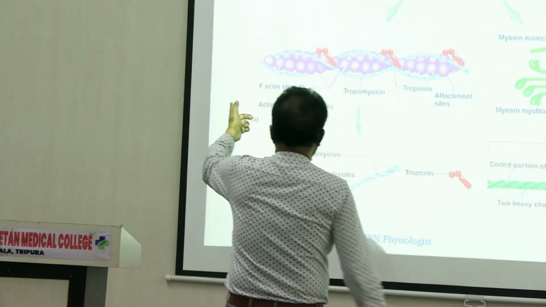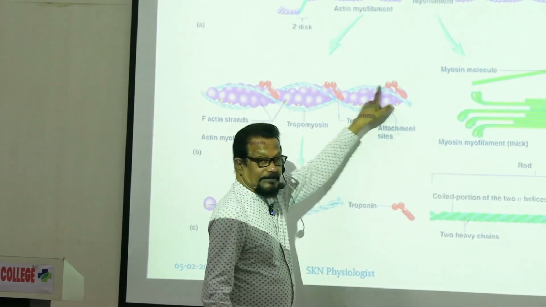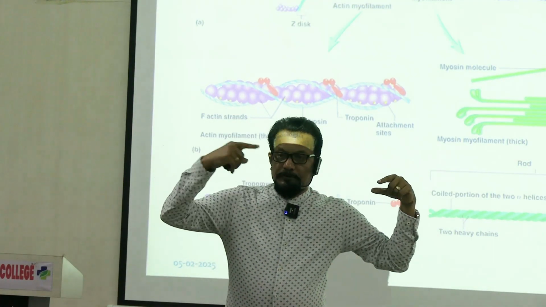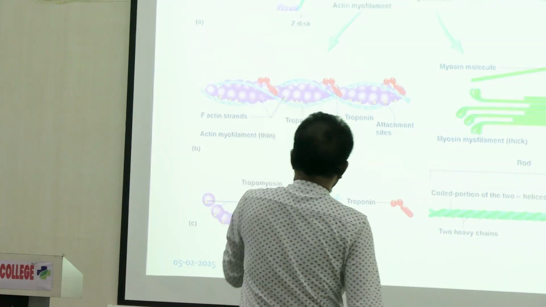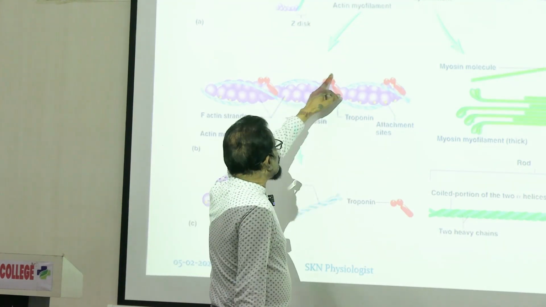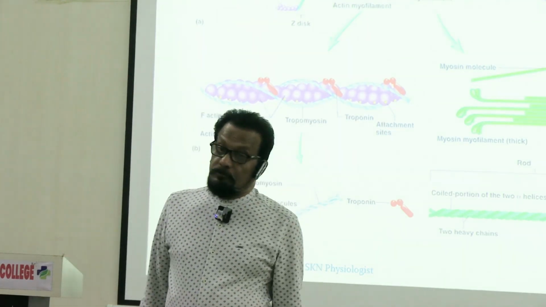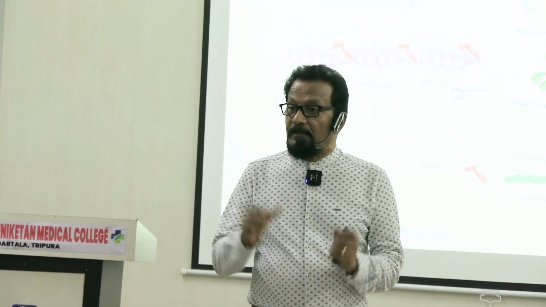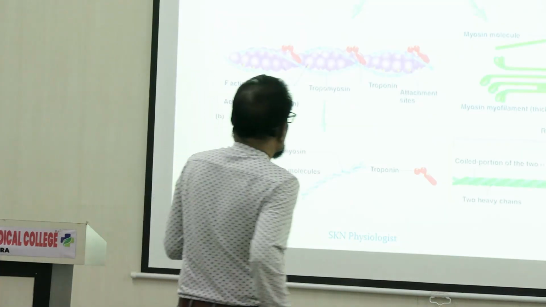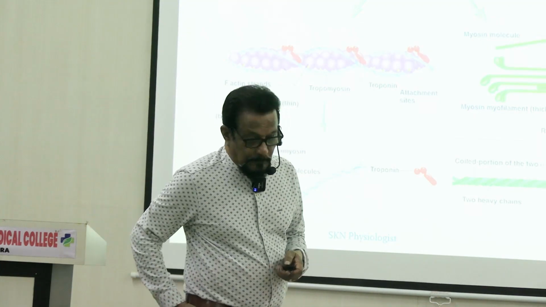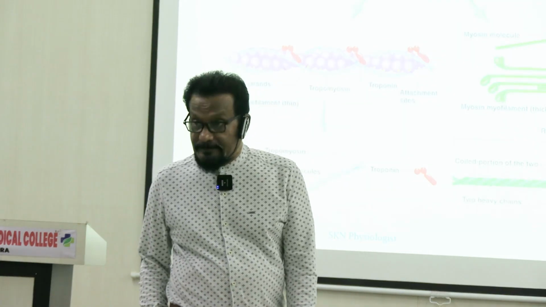And another thread-like structure, this is tropomyosin. They are also spirally arranged over the actin filaments. In addition to these, there is troponin, and as I said, troponin has three components. These are very essential for muscle contraction, for EC coupling. So this is the anatomical structure of the actin and myosin contractile proteins.